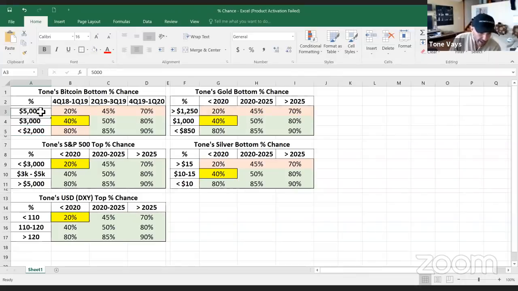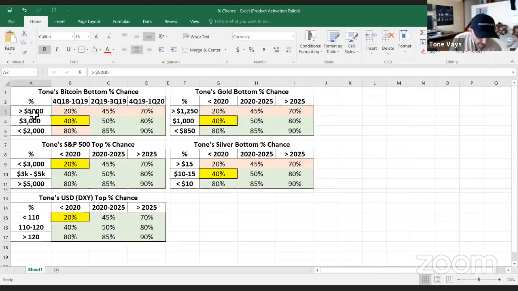So if it's not exactly 5,000, it's closest to, right? Like I can even put a greater than sign here, just so it matches. Sorry, that's greater than 5,000, or 5,000, right?